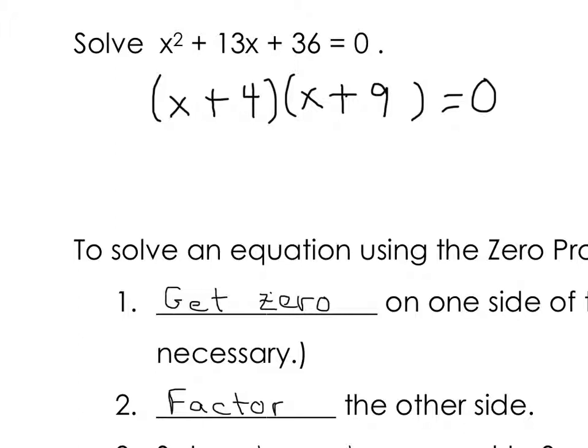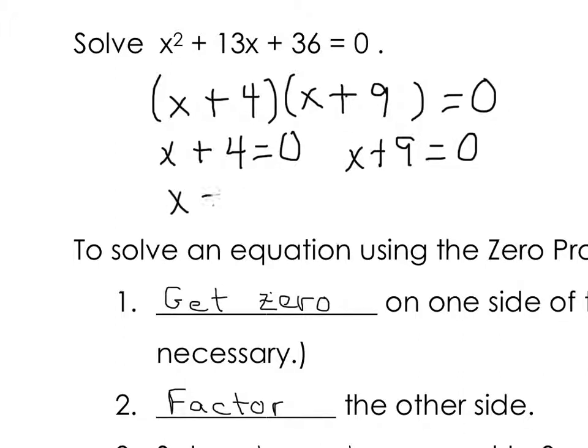And when we multiply them together, we get 0. That means one of them has to be 0. Either this is 0 or this is 0, which means x has to be -4 or x is -9. One of those has to be true.